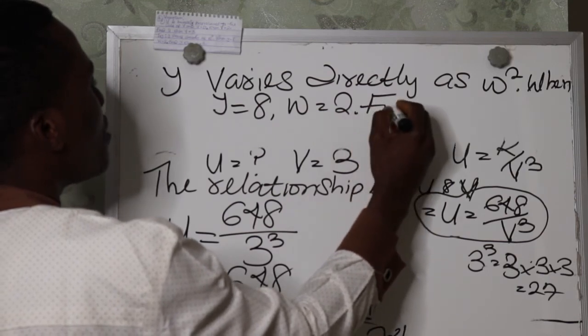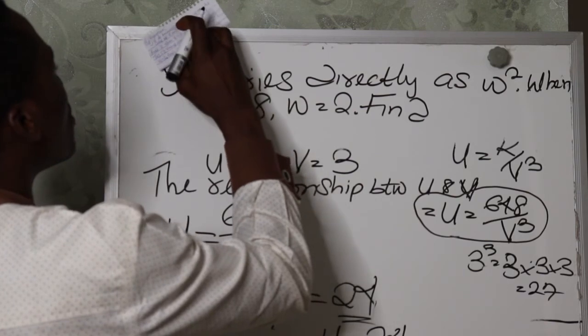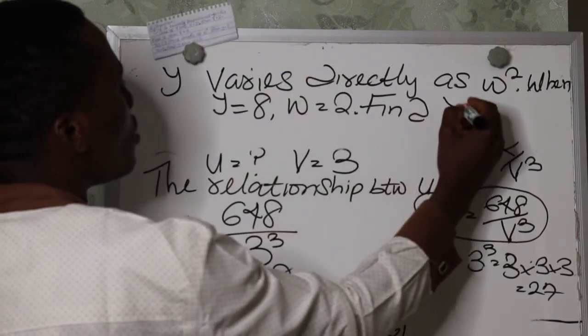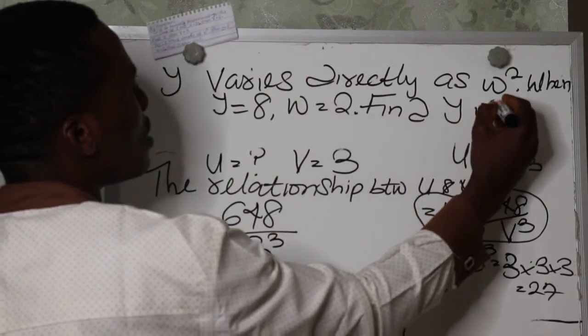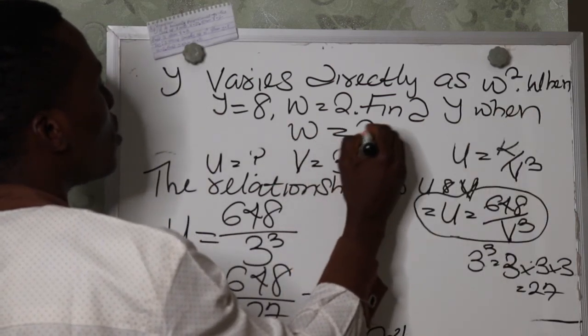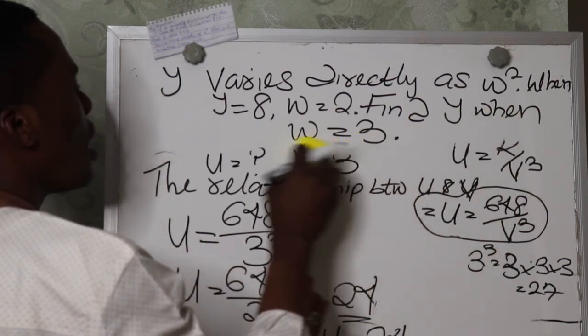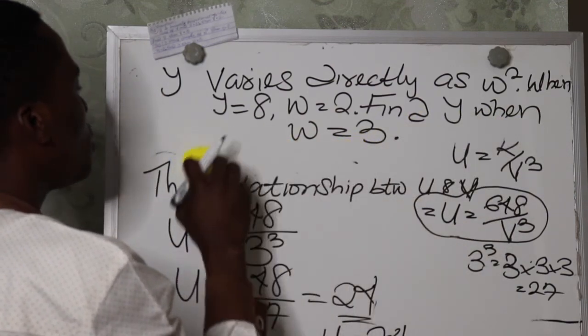Now they ask you to find y when w is equal to 3. Now that is the question. You are asked to find y when w is equal to 3.